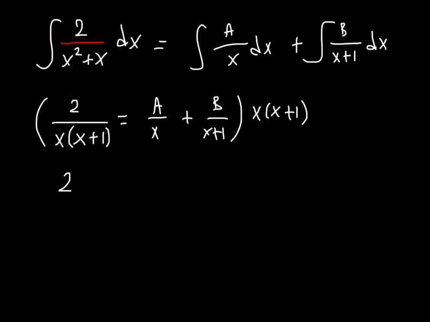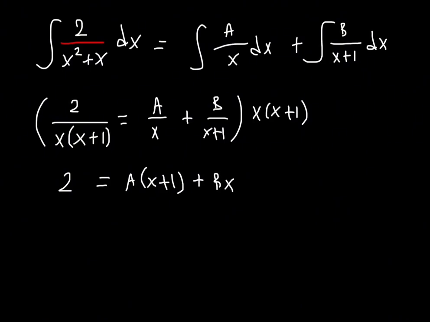So I just have 2 here, and this equals, and now for this, the x's cancel out. So I just have a times x plus 1 plus, and now if I multiply to this, the x plus 1 and x plus 1 cancel out, leaving x, so bx.